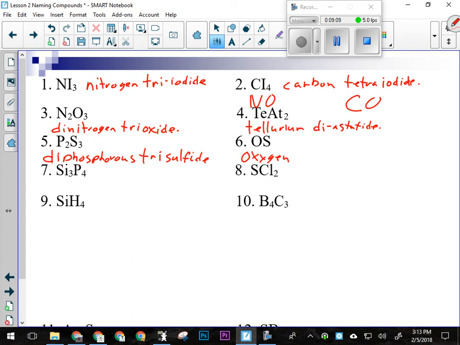And there's 1 sulfur, so that would be oxygen monosulfide. How many people are done 7? All right, let's have a look at that one too. So I've got silicone here, and there are 3 of them, so that's going to be tri-silicone, and then there's 4 phosphorus, so tetraphosphide.